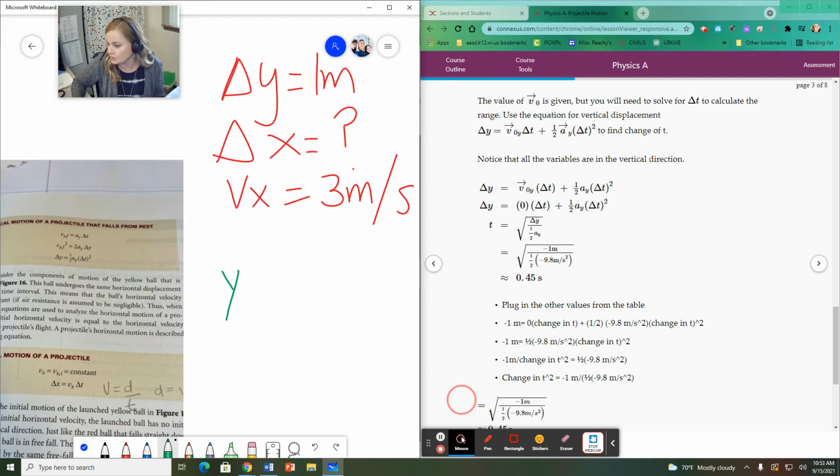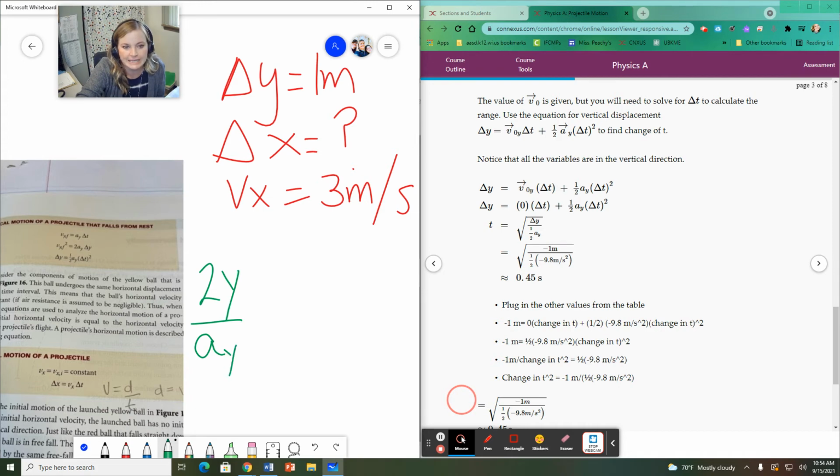I'm going to take the 1/2 on the right and multiply both sides by 2 to get rid of it, so that becomes 2y. I want to get rid of the ay on the right, so I'm going to divide by ay. I'm just going to shorten it to a because this is acceleration due to gravity. In fact, I can call it little g if you want to get technical. We'll just keep it as a.